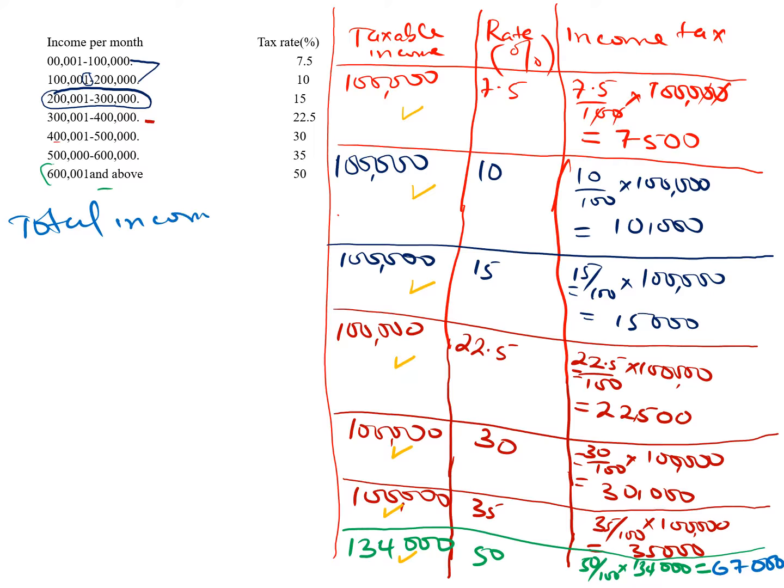And now here we shall have 7,500 plus 10,000 plus 15,000 plus 22,500 plus 30,000 plus 35,000, then plus 67,000. And what is the total? Is what we want to look at.